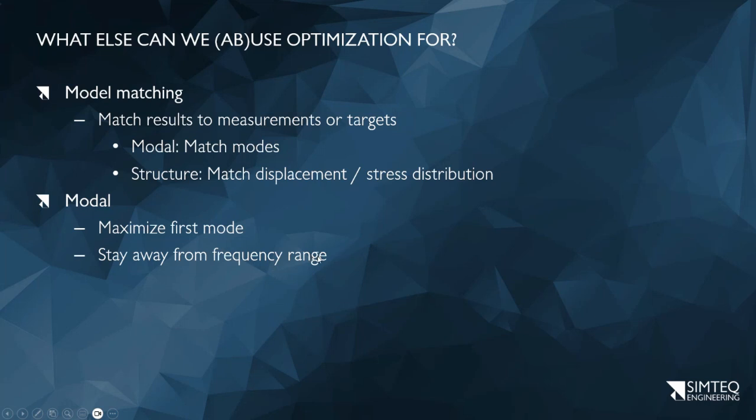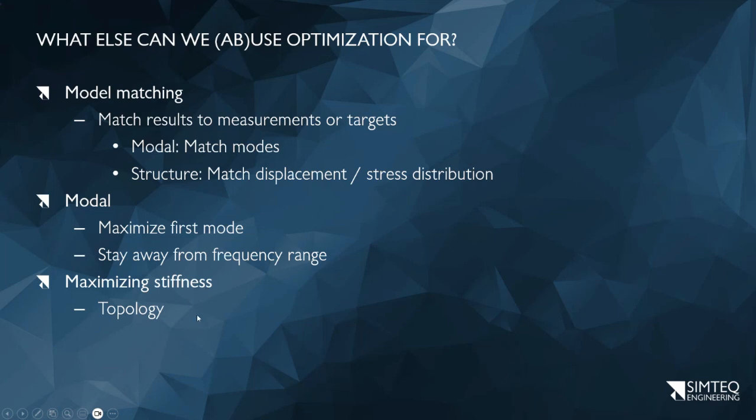Staying away from a frequency range would be very similar to matching a mode. While maximizing a mode, the cost function becomes the negative of the frequency. In other words, we want to maximize, which is the same as minimize the negative of, in that case, frequency. We can also do things like maximizing stiffness.